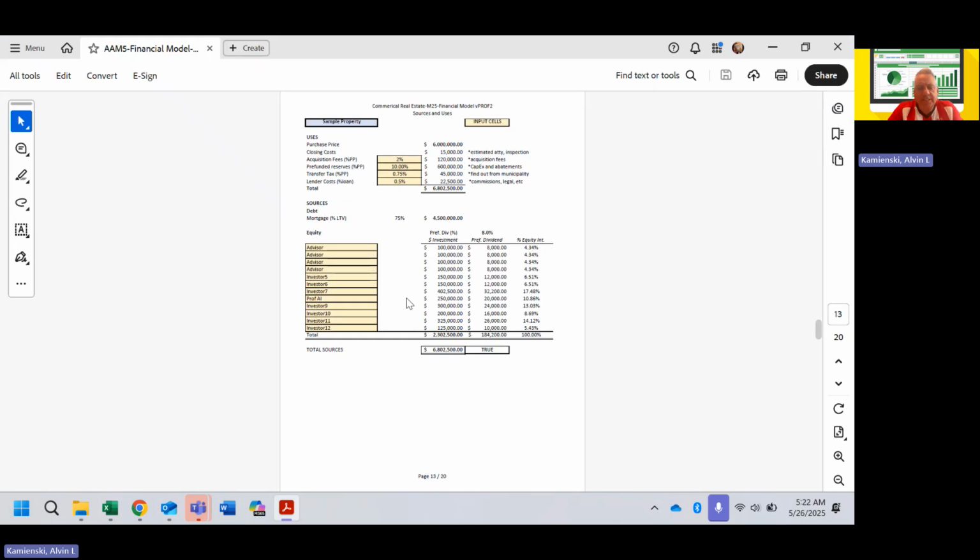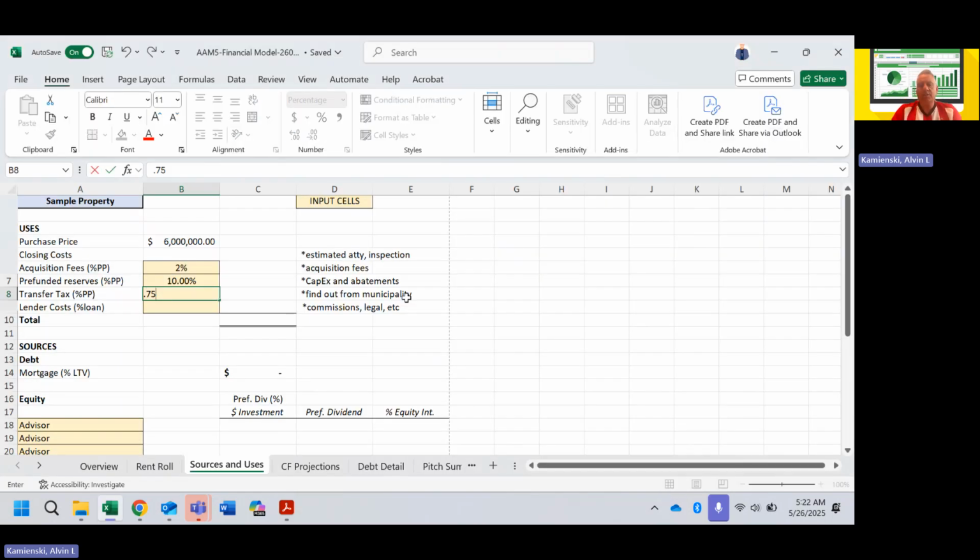The transfer tax is 0.75%, which is what you'll likely owe in the US to a local municipality to prorate a portion of the taxes. And then the lenders actually get paid for you to use them to close that deal.